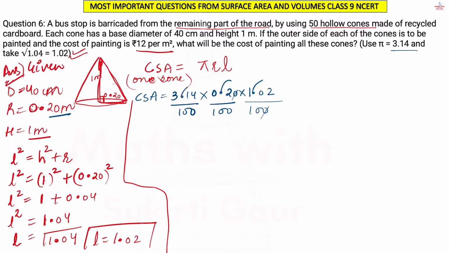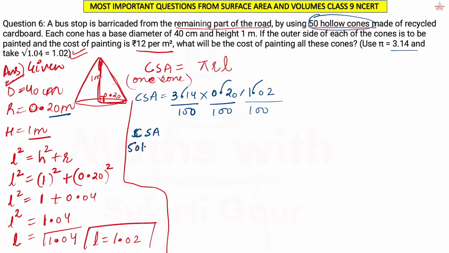Or we can do one thing more. Let me tell you what we can do here. This became 0.2, this became 20. Now we had to find out for how many cones. For 50 hollow cones we had to find the curved surface area. So let us just multiply here without cancelling out anything, without messing up the calculation.